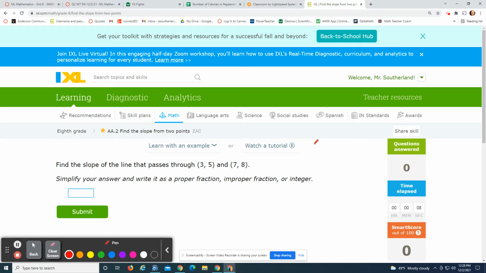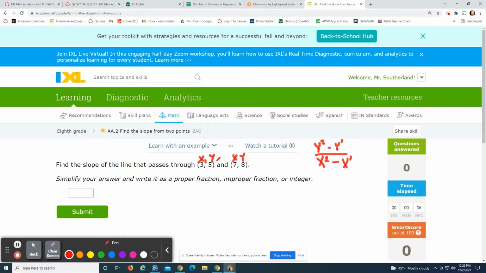So the formula is y2 minus y1 over x2 minus x1. And so basically this is an x, this is a y, this is an x, and this is a y.